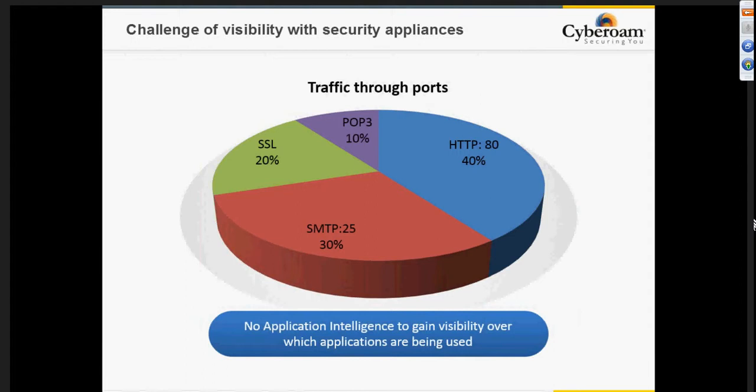If you look at this pie chart or this presentation slide, you would hardly be able to identify the different applications, apart from the standard protocols and ports, which are being used in day-to-day activities. So such security appliances always had challenges providing this kind of visibility.